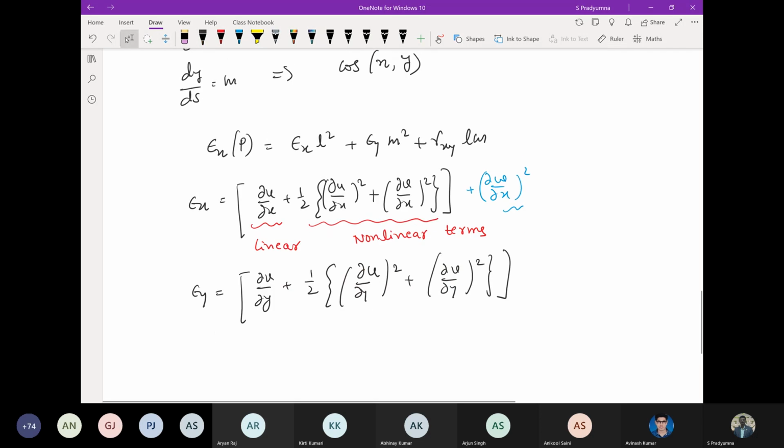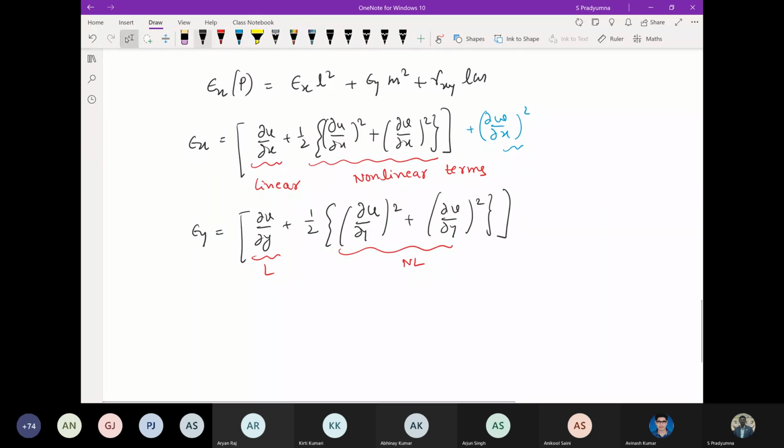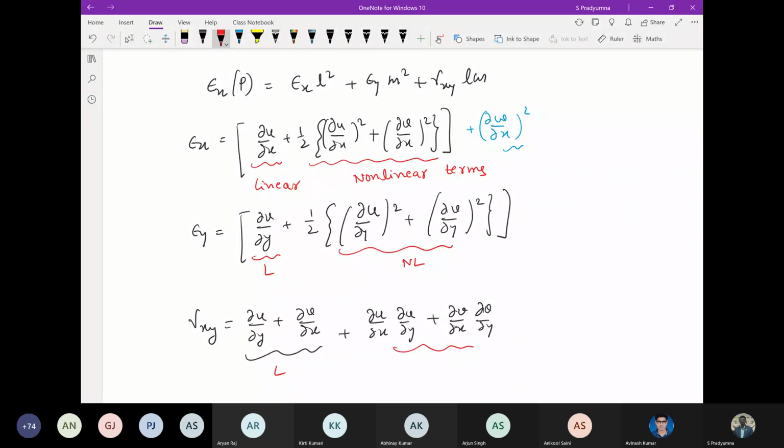So here also this is the linear term and this is the nonlinear term. Finally, I have gamma xy is equal to dou u by dou y plus dou v by dou x. This is the linear term, plus I have dou u by dou x, dou u by dou y plus dou v by dou x, dou v by dou y. So these are the nonlinear terms.